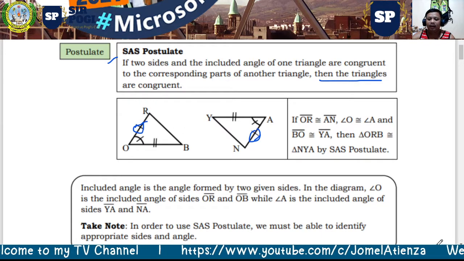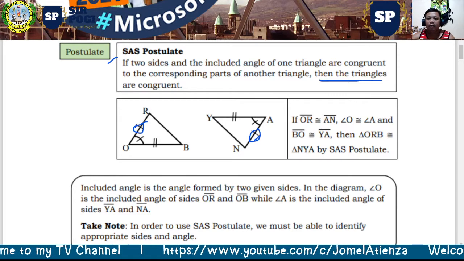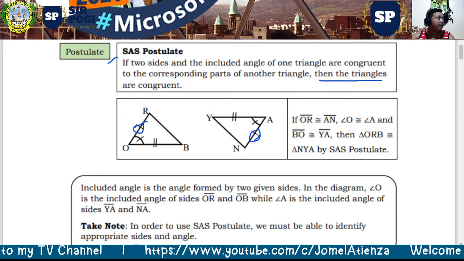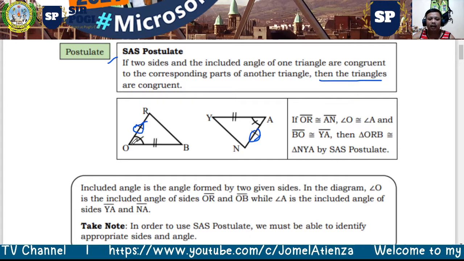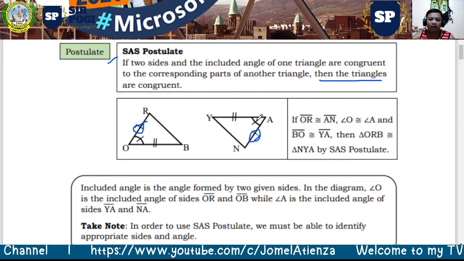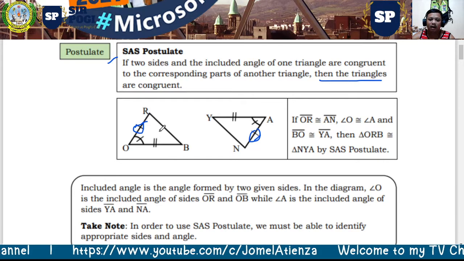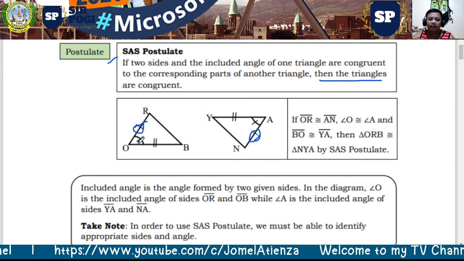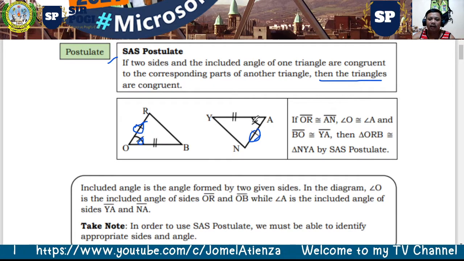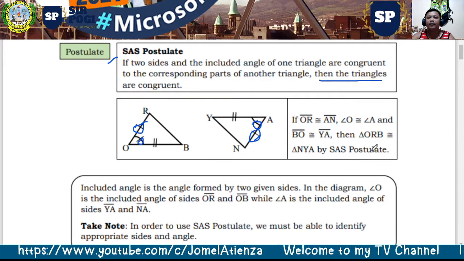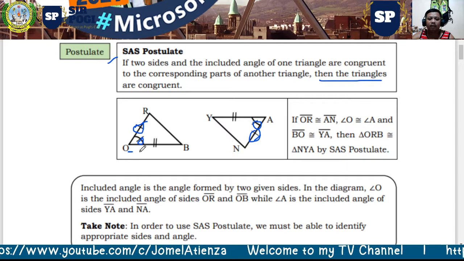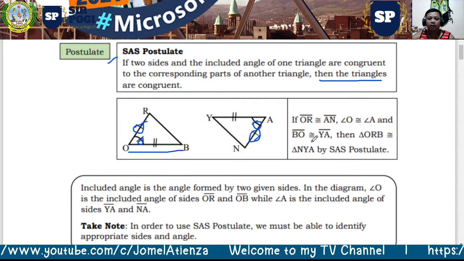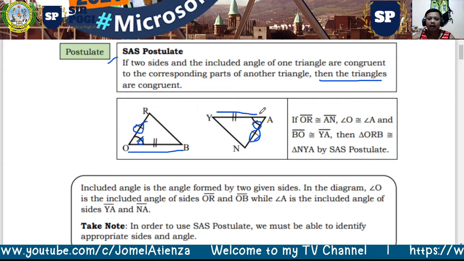Okay? And then another is we have angle O is congruent to angle A. So, included angle yon kasi ginigit na siya ng dalawang side, di ba? So, ito yung angle O, then angle A. And then, segment BO is congruent to YA.